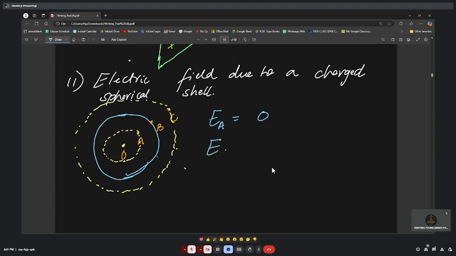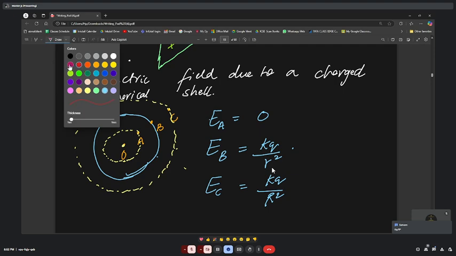And the electric field on the surface, I'm writing it as EB, will definitely exist, and it's given by the relation KQ upon r square. And the electric field at the outside point, that is at point C, I will write again as KQ upon, this time capital R square, just to differentiate, because the distances are different.